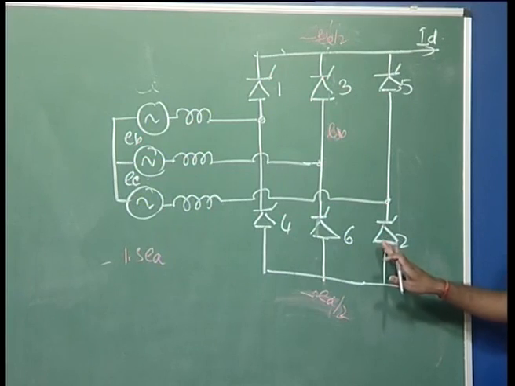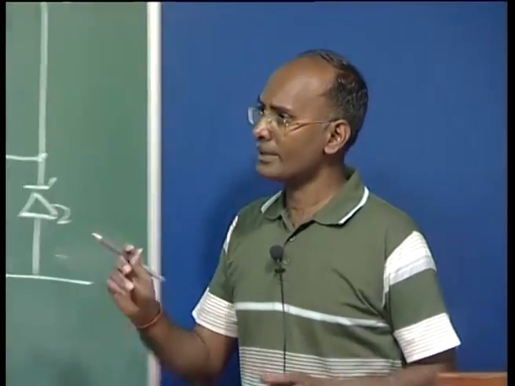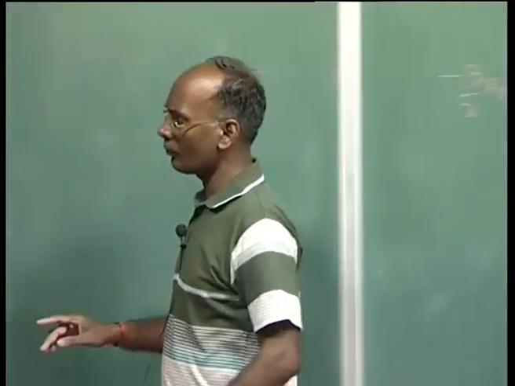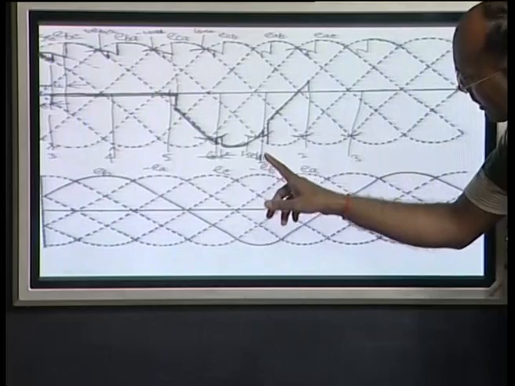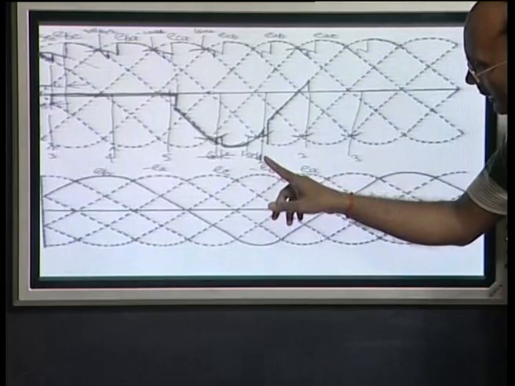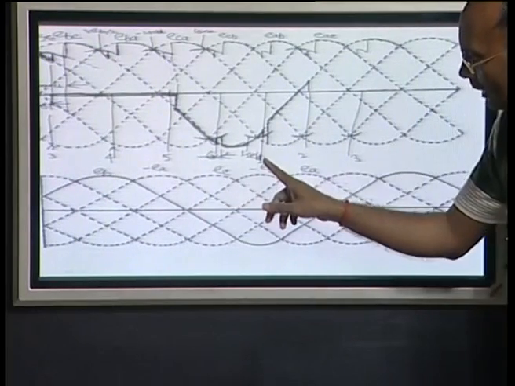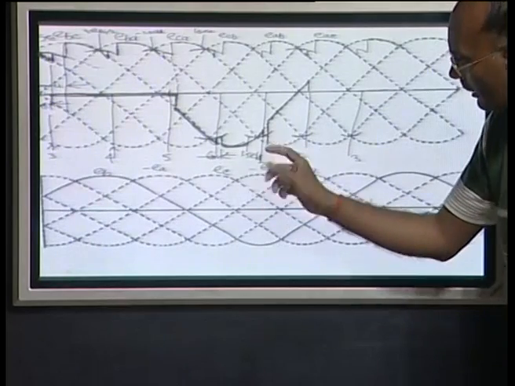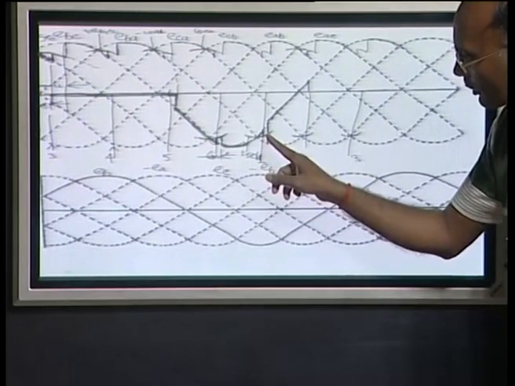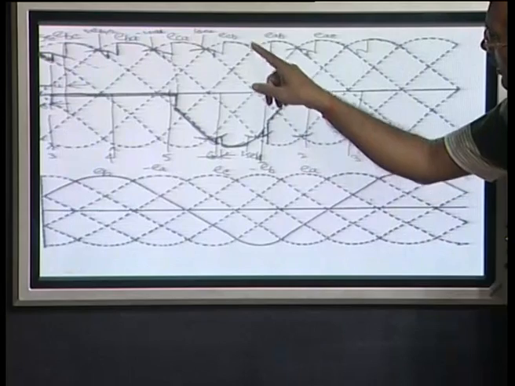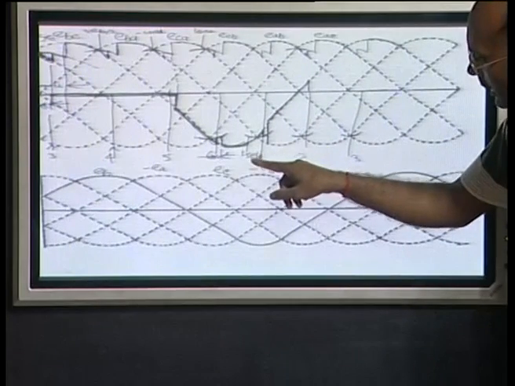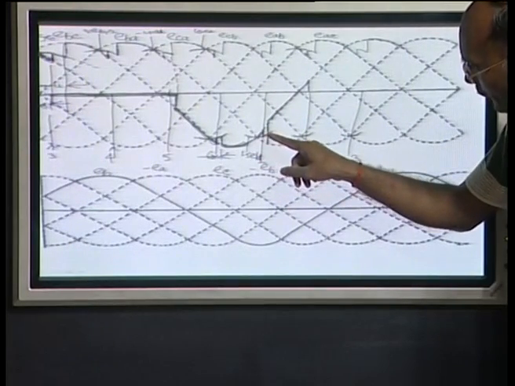In the previous section, once we are giving the pulse to 1, now there is a commutation between 1 and 5 taking place, because during this period we saw this voltage across this valve will be plus EB, 1.5 EB. So it will follow here.